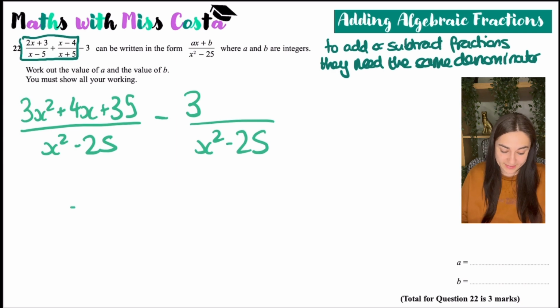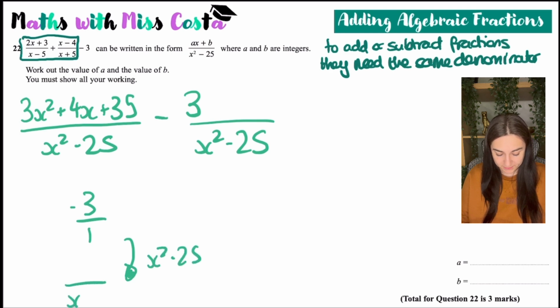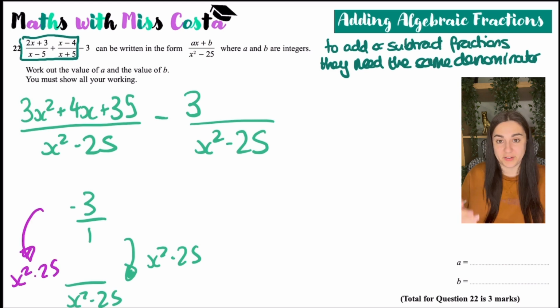So if I've times 3 over 1 by x squared take 25 to give it this denominator, I'm going to have to times the numerator by x squared minus 25 as well. Whatever you do to the numerator, you have to do to the denominator to keep it in the same proportion. So that would give me 3 times (x squared minus 25).